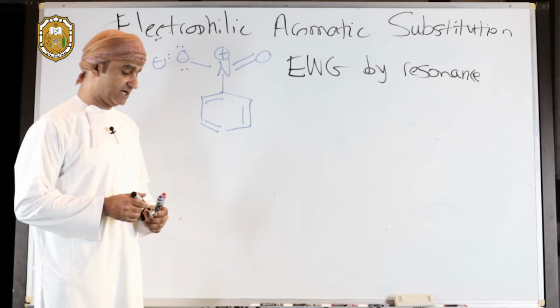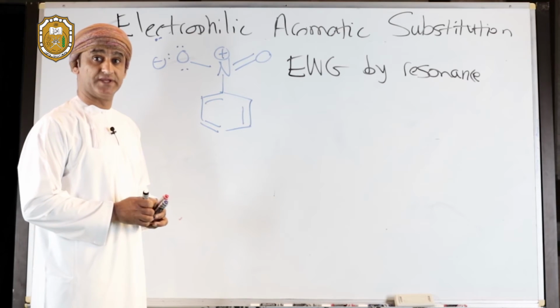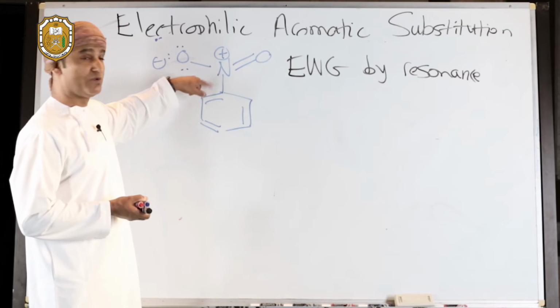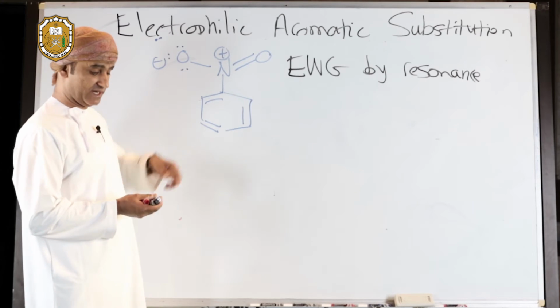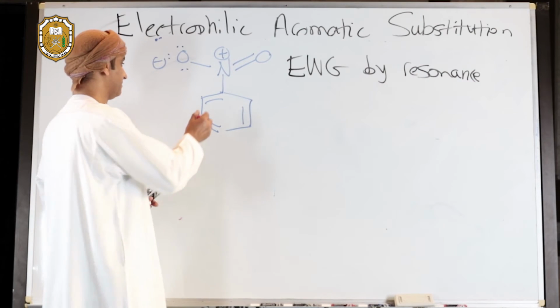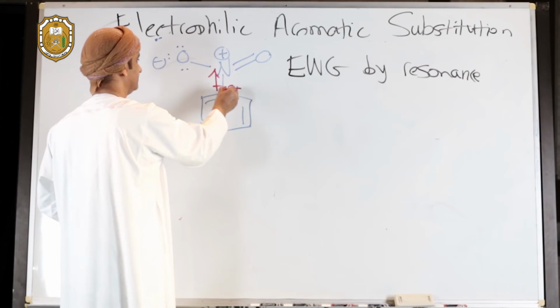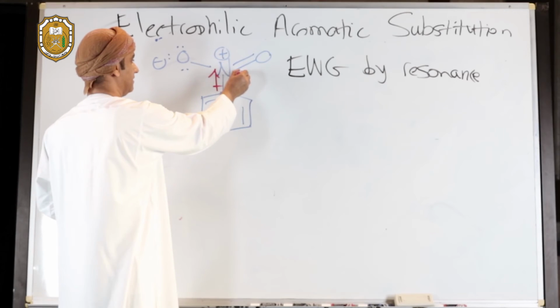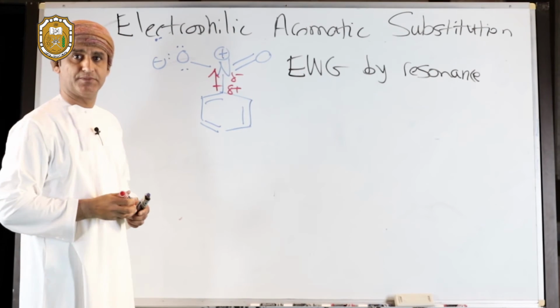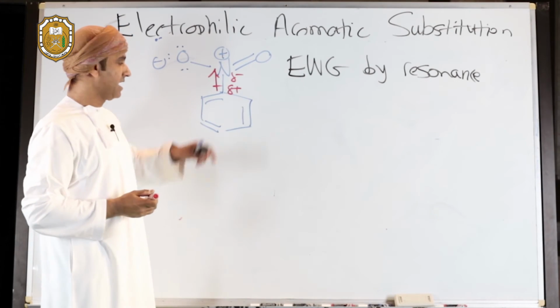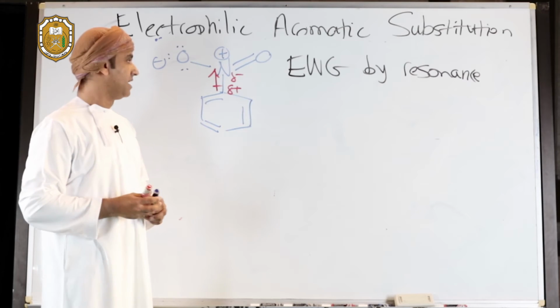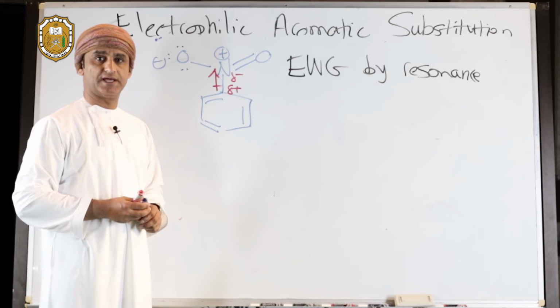In addition to the electron withdrawal ability by resonance of the nitro group, nitrogen is also more electronegative than carbon. So it pulls electrons more in this nitrogen-carbon bond, leaving carbon with a positive partial charge and nitrogen with a negative partial charge.